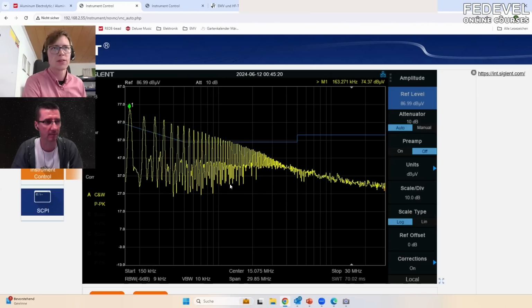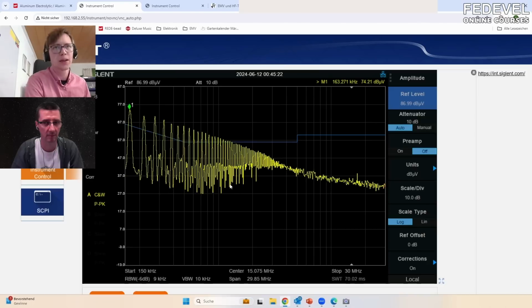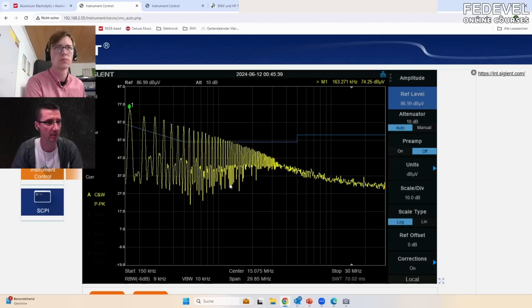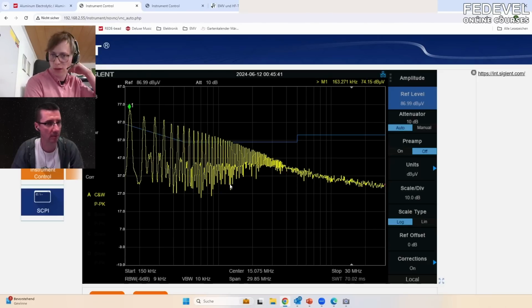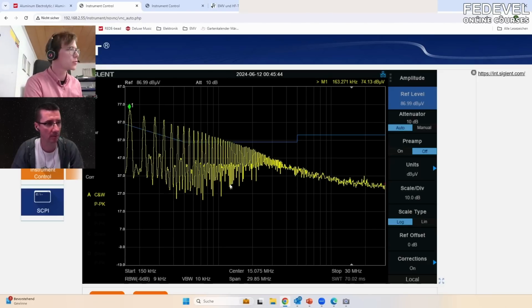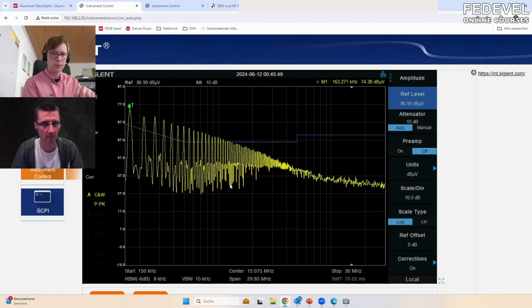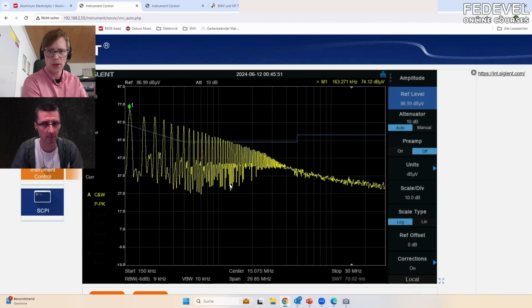To have a fast measurement, I have here this peak measurement, and peak is always higher than the quasi-peak. So when we fulfill this limit, then we will also fulfill the quasi-peak limit. Now the blue lines are the limits. This is a limit for AC measurement, because you can also imagine you have the switching regulator in front of, let's say, a rectifier and some transformer.